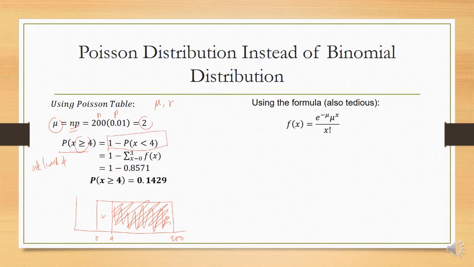No? So, yun nga, kung 0 to 200, wala naman tayong ganong table. Kaya tayo magagamit ng Poisson distribution. So, 1 minus ng x less than 4. So, kung less than 4 siya, ang iyong summation of x ay 0 to 3 lang. Kasi less than 4. And then, this one is yung hahanapin mo ngayon sa Poisson table.